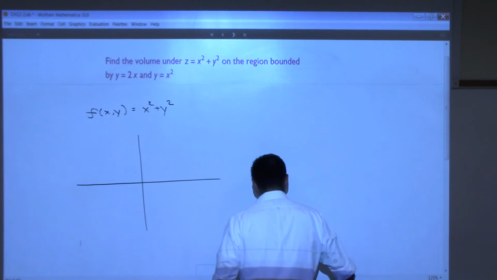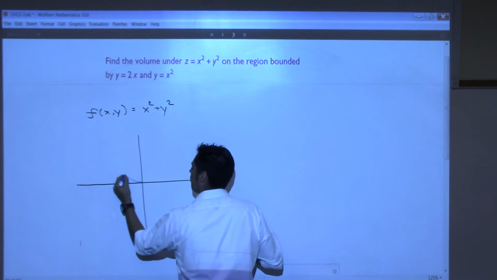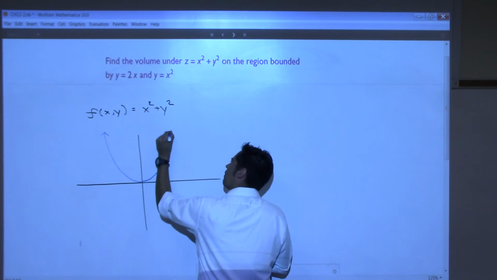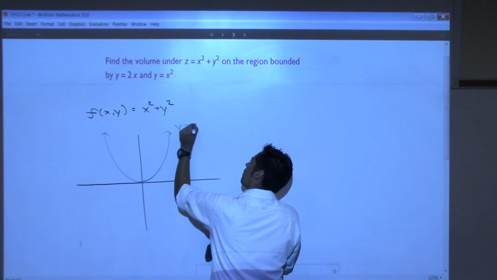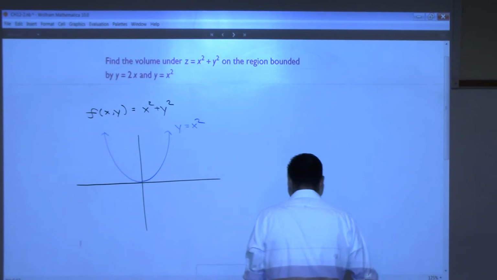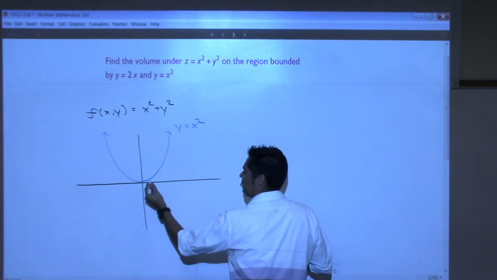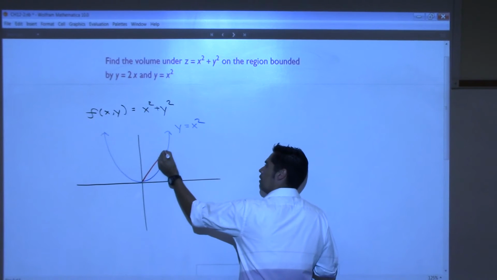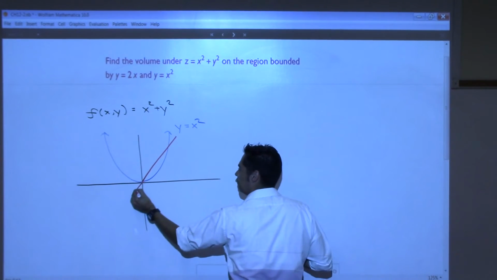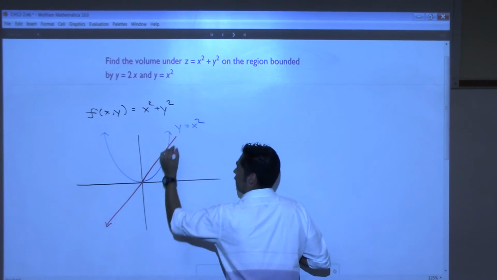So x squared, that's familiar. 2x, it's a linear function. Something like that.